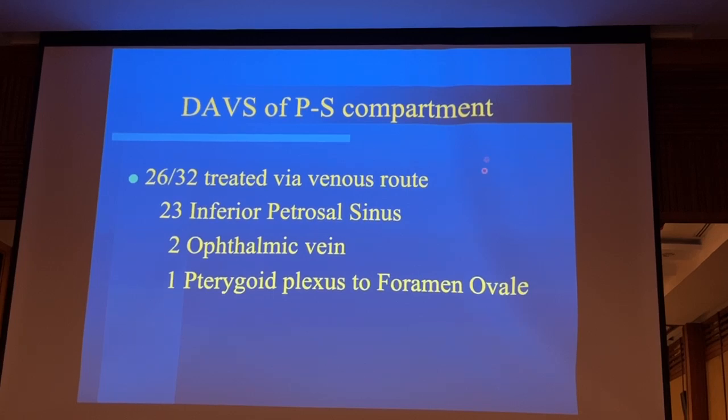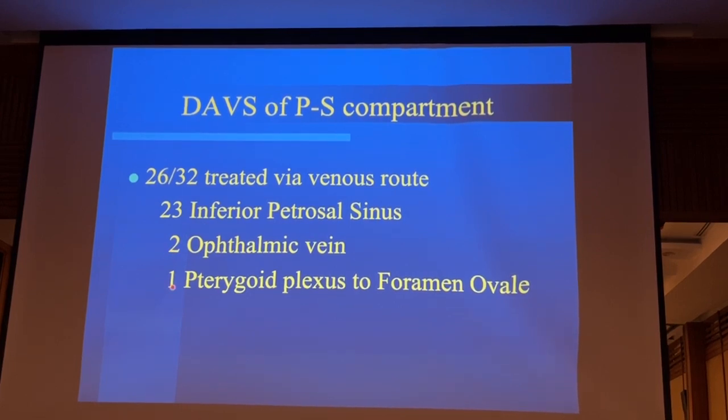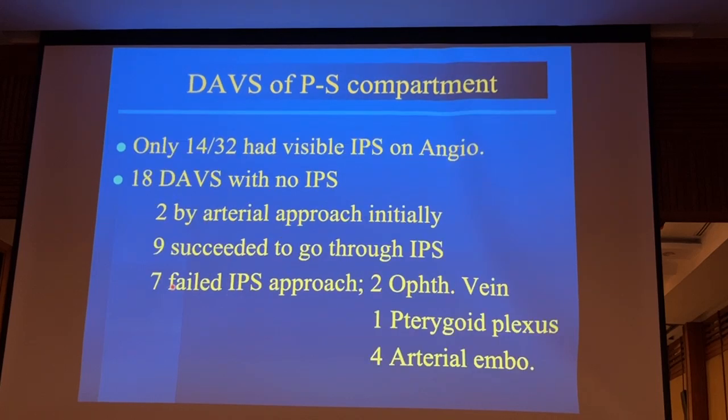And cavernous sinus lesions, we treated 26 of those cases through the venous approaches. 23 cases were inferior petrosal, 2 were ophthalmic, 1 was through the foramen ovale, going through the pterygoid venous plexus. And among those cases, only 14, okay, had a visible inferior petrosal sinus on angiogram.